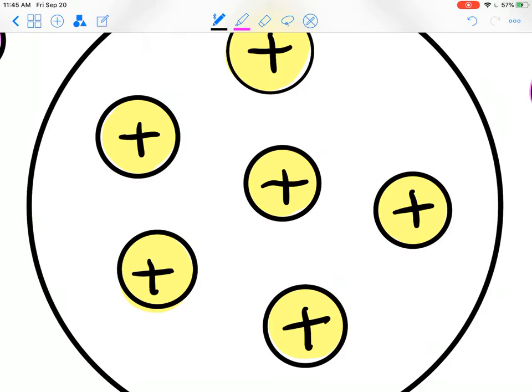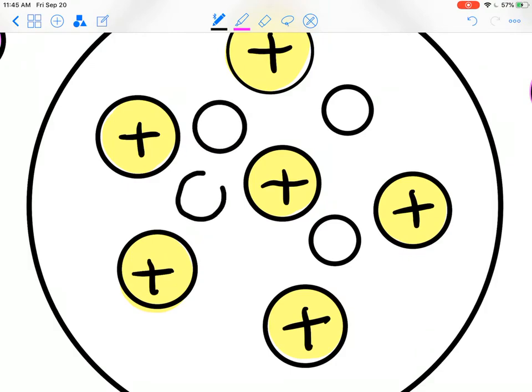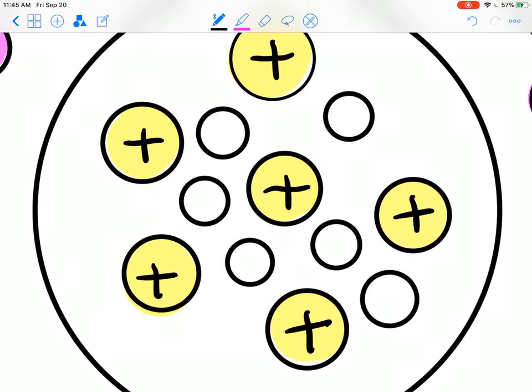So let's add the weight. 7, 8, 9, 10, 11, and then this 12th one, I'm going to make him just a little bit bigger to cover that 0.11, okay? Now, so I've got 12 in there. That's the weight of the atom.